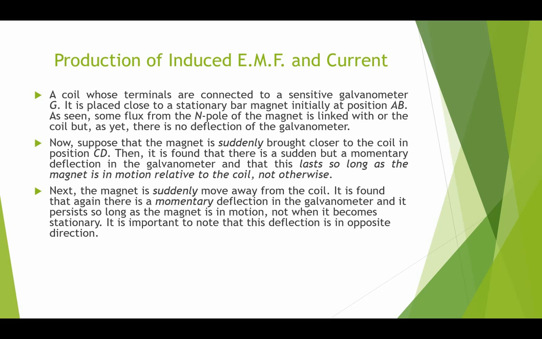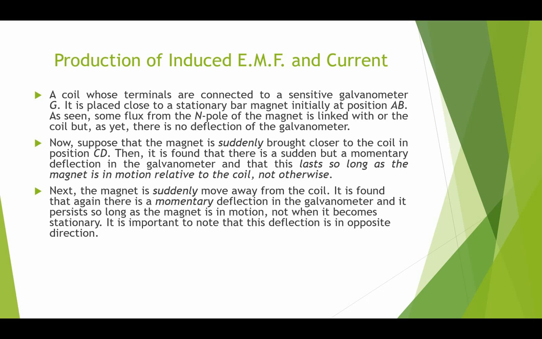It is important to note that this deflection is in the opposite direction. When we brought the bar magnet near to the coil in the position CD, there was a flux change, and we saw a momentary deflection in the galvanometer.